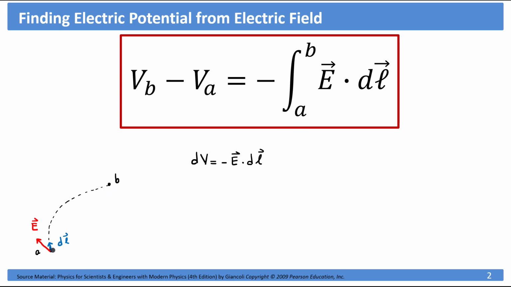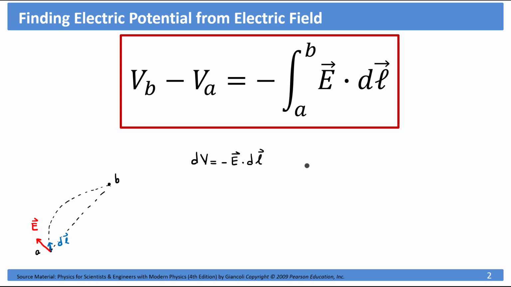You could as well move on a path like this and you will find the same electric potential difference. So it doesn't matter which path you follow. As long as your final point and initial point are the same, you are going to get the same potential difference. So whenever you face a problem, if the choice is up to us, I would choose the easiest path possible because, again, it doesn't depend on the path.